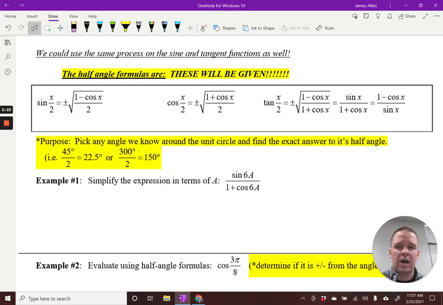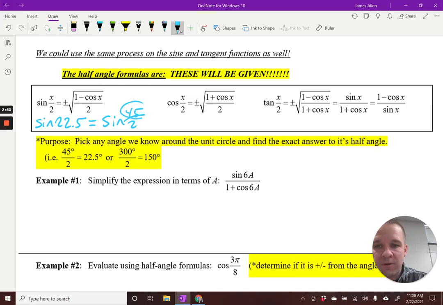Sometimes you're given angles that, again, are not like our 45 degree or our 30 degree or our 60 degree. Perhaps you're given an angle like 22.5. Well, 45 over 2 is equal to 22.5. So if I had, let's say, sine of 22.5, I could rewrite that as sine of 45 over 2.